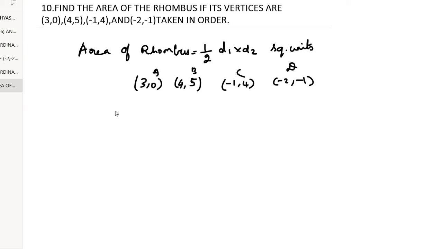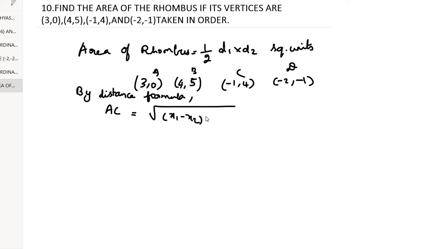How will you find AC? By the distance formula, which is the square root of x1 minus x2 the whole square plus y1 minus y2 the whole square. What is A? We have 3, 0 and C as minus 1, 4. These are x1 y1, x2 y2.